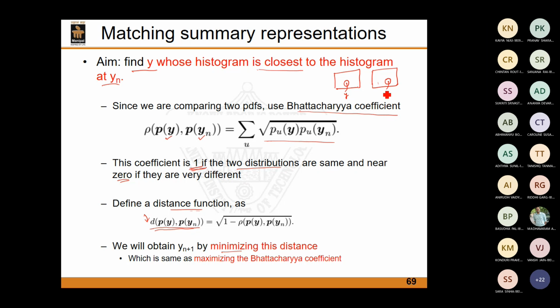At the corresponding location of yn, you will have the histogram that matches best, or which is similar to that of the initial frame.